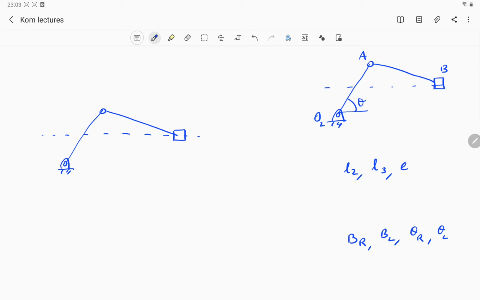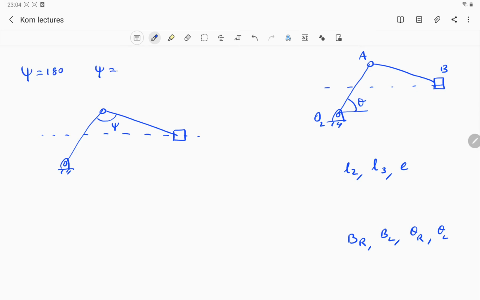So this we have constructed using this data and some arbitrary theta. Once again, for the extreme case, psi has to be 180 for one case and 0 for the other case.